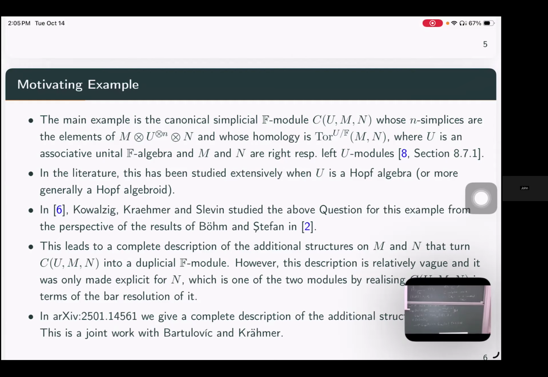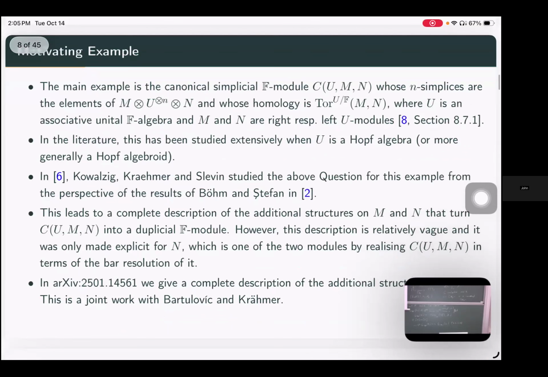Now, Kowalski, Krähmer, and Slevin studied the above question for the example from the results of Böhm and Ștefan, and this leads to a complete description of additional structures on M and N that turn these simplicial objects C(U, M, N) into a differential one. However, they were only able to give a description for N, but it was vague.